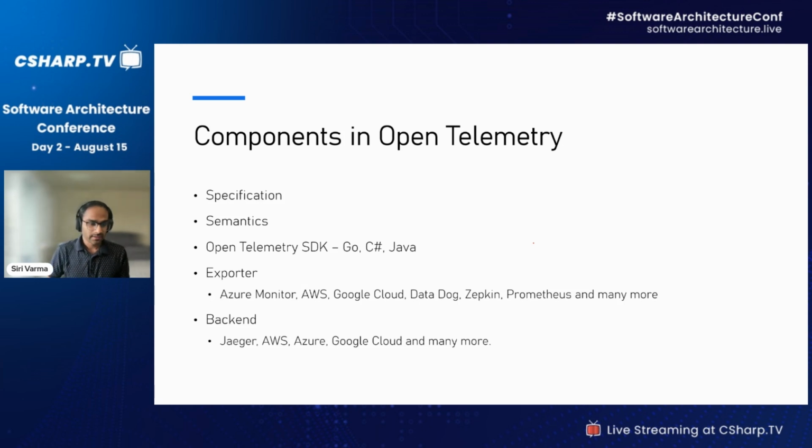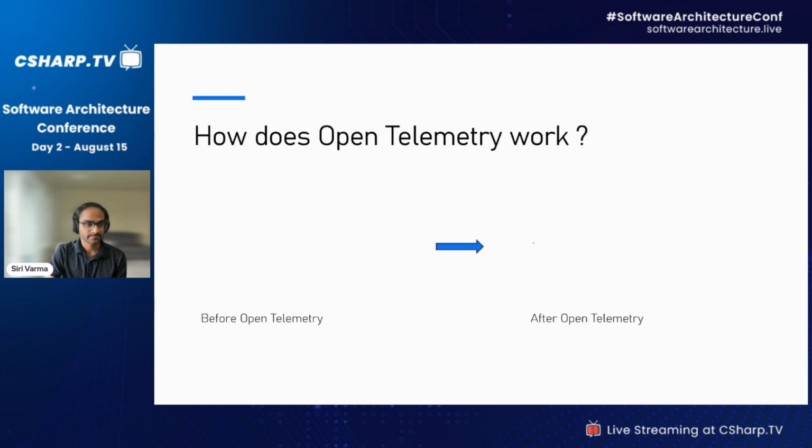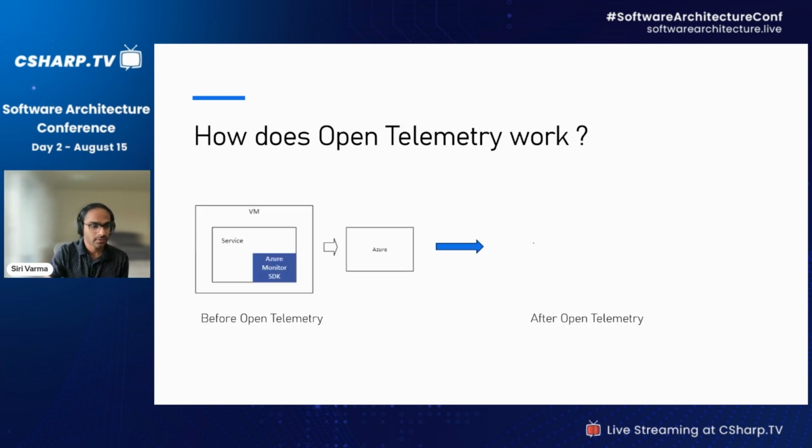Now, let's take a look at the architecture. We'll take a look at what the architecture is before OpenTelemetry, and currently with OpenTelemetry, how you can change this. So on the left, you see that you have a VM. The VM has your service, and the service is using the Azure Monitor SDK to emit metrics to Azure, right?